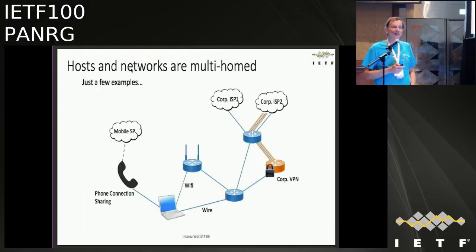The enterprise itself can have 2 service providers, giving 2 different paths, including connectivity to, let's say, an IPsec VPN. So at least 3 interfaces here, and at least 4 paths actually to the internet: 1 via the phone, service provider 1, service provider 2, and the VPN.